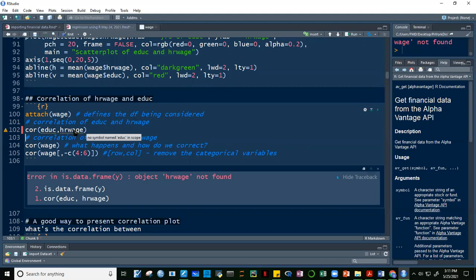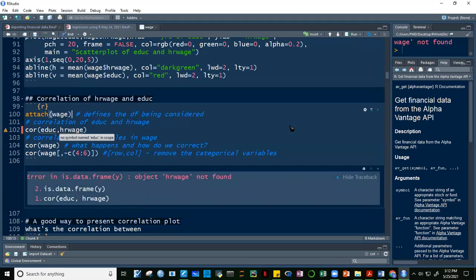And we know we were able to answer that already. We know that this came from the wage data set. So in order for us to compute for the correlation, pwede natin ilagay dito wage dollar education, wage dollar hourly wage. But is there another way? Yes. We can use this function attach. Ang ibig sabihin nitong attach, then the data set, ibig sabihin lahat ng mga variables dito will refer to wage. Okay?